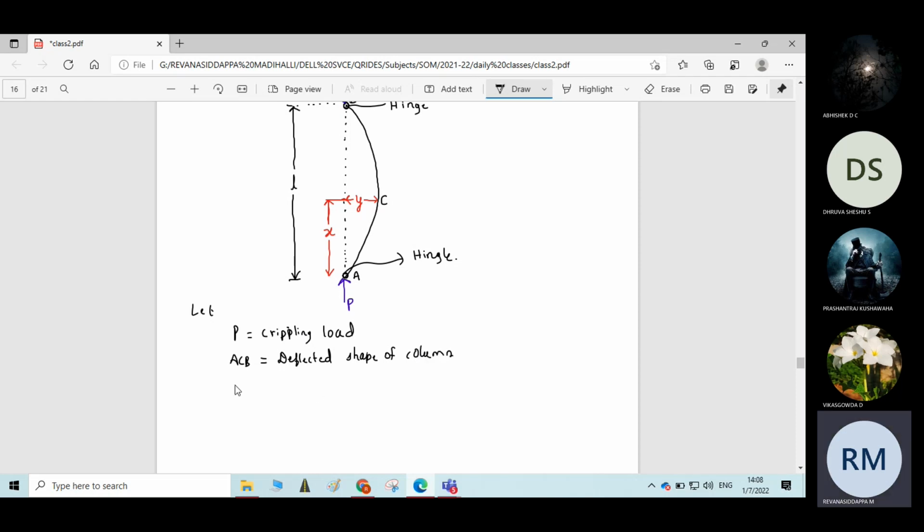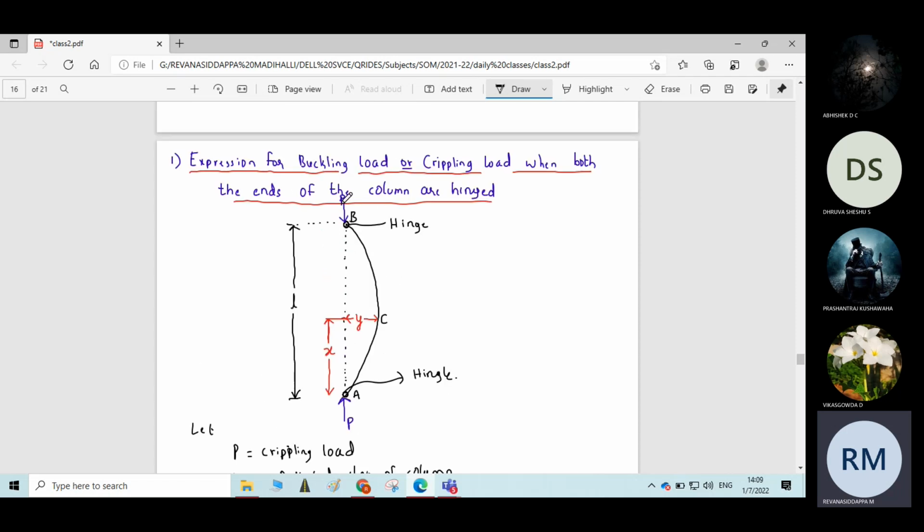Considering a section at distance x, y is the amount of deflection at section x. Now, what will we do? We will take the moment due to this crippling load P at section x, that is, at point C of the column.